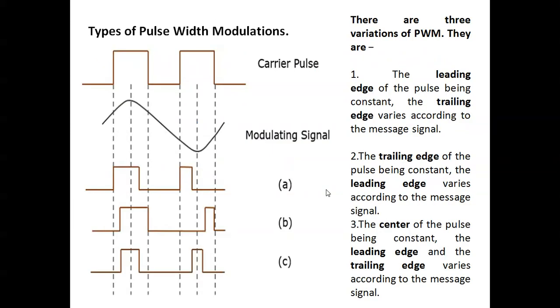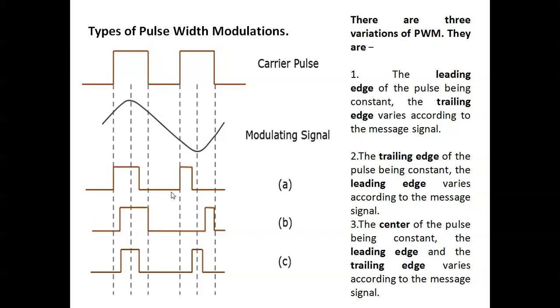So we have three types of pulse width modulation. See the diagram, A, B, and C. In A, the leading edge of the pulse is constant and the trailing edge varies according to the message signal.